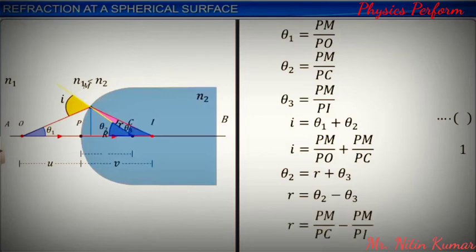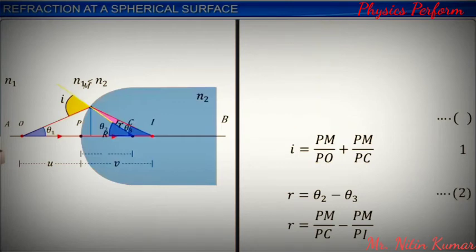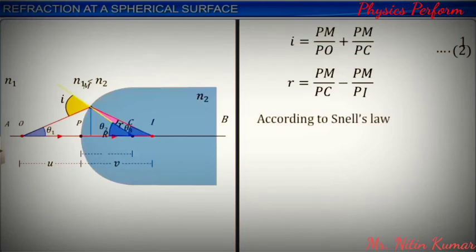On substituting the values of I and R from equations 1 and 2, and after further simplification, we get N1 by PO plus N2 by PI is equal to N2 minus N1 by PC. Let this be equation 3.